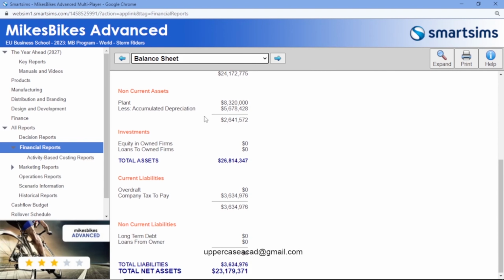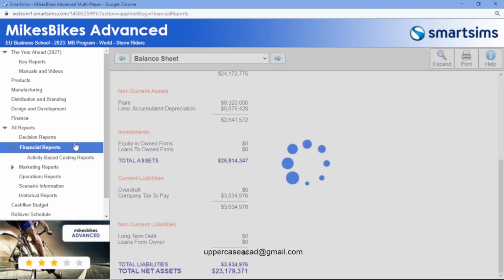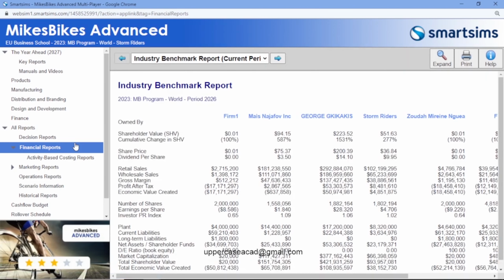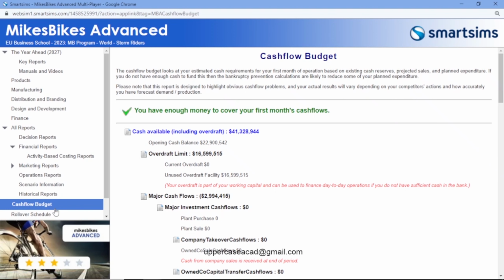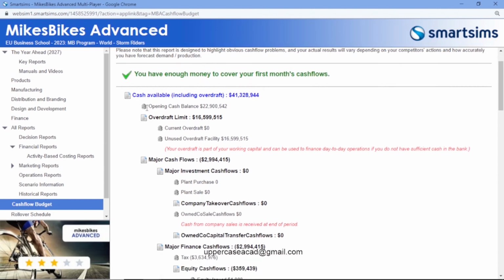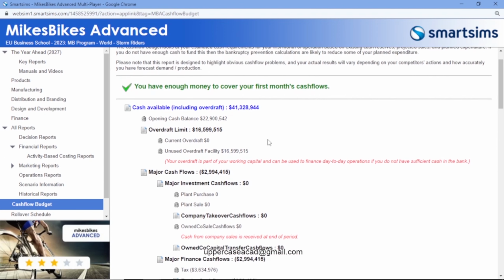Then also the cash flow. We have this cash flow budget tool, which will show your estimated cash requirements in the first month of operation. Here, I'm being told that I have enough money to cover my first month cash flows.